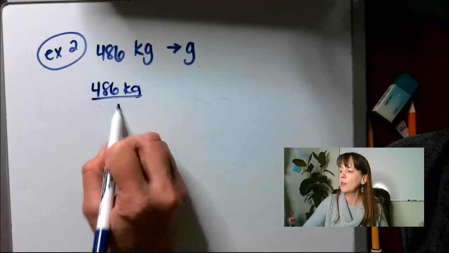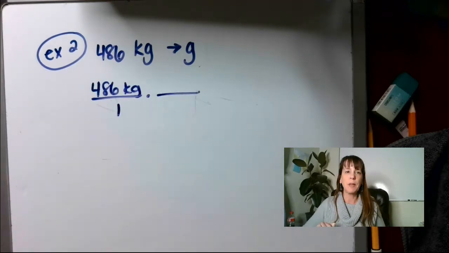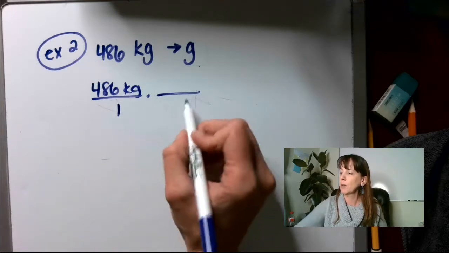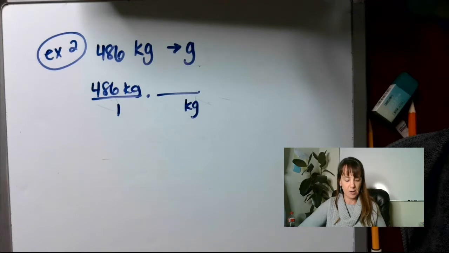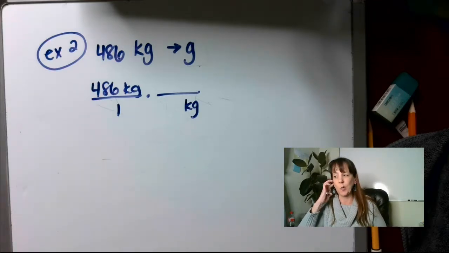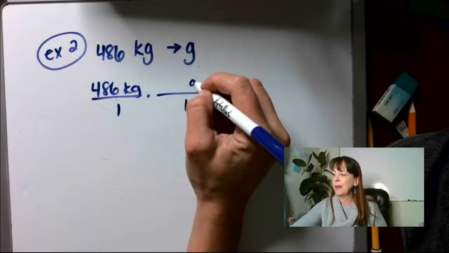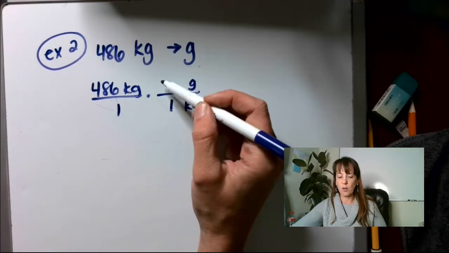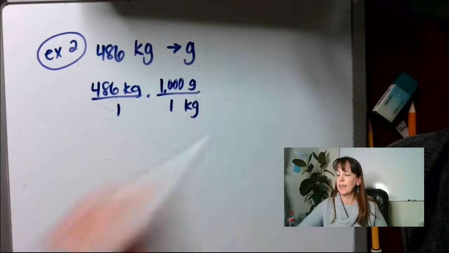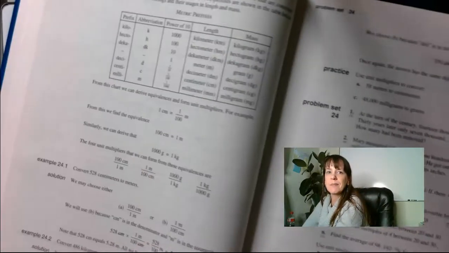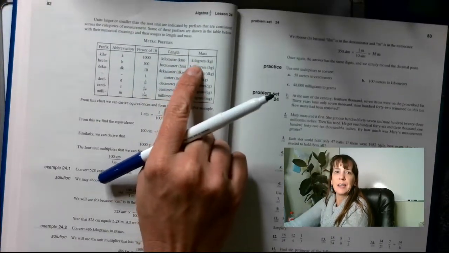All right, so I'm going to write it down over 1 and then I'm going to multiply it by something. Kilograms on top, we're going to put kilograms on the bottom here. And in 1 kilogram, now we're going to go from kilograms down to grams, right? So in 1 kilogram, there are 1,000 grams. Looking at this chart again, it's kilograms.